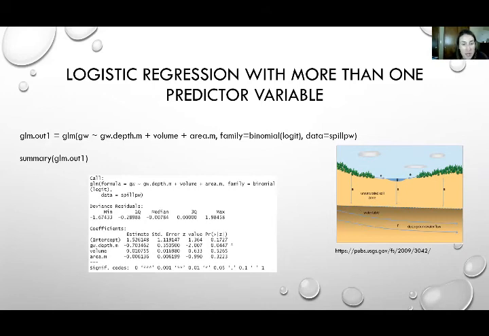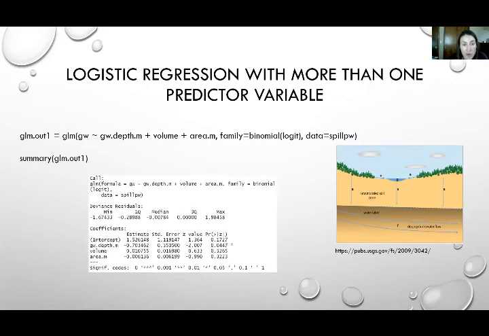You can see the parameter estimates. We have that Z value. Remember I said if it's beyond 2 in either direction, then it would be statistically significant. And we're looking at the p-values now. So it's kind of interesting.